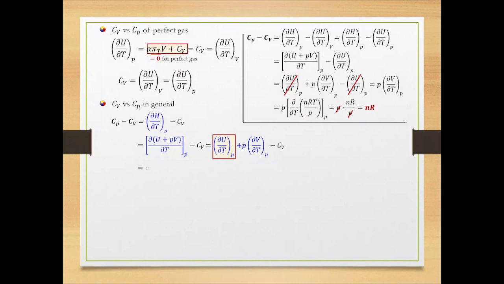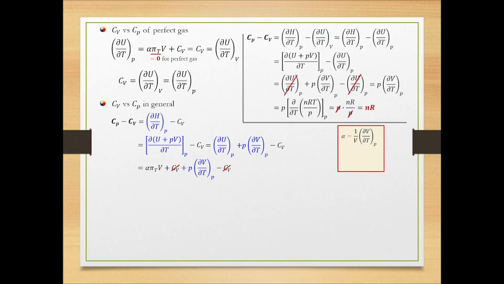The first term can be replaced by alpha pi T V plus Cv. The Cv is cancelled out. The expression for the expansion coefficient alpha can be modified with respect to the first partial derivative of V with respect to T at constant P, which is alpha V. This can be plugged into the equation, which leads to alpha pi T V plus alpha PV.